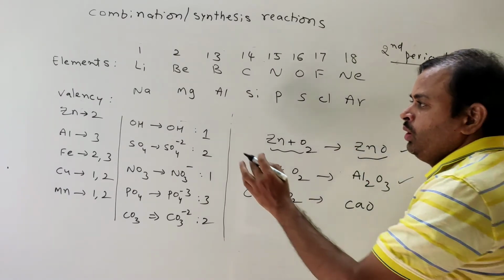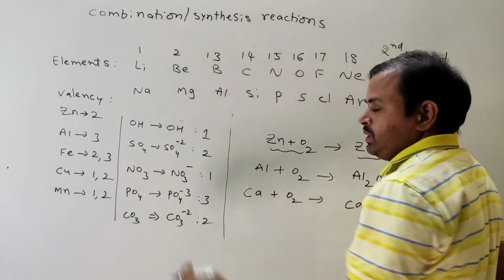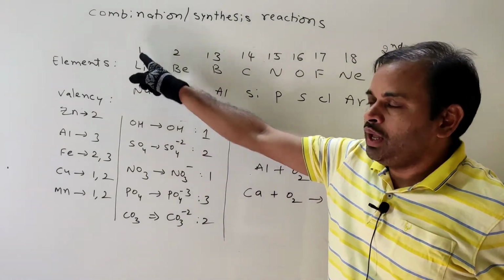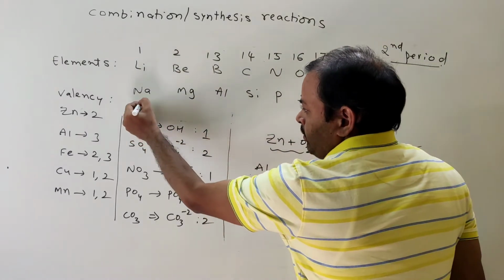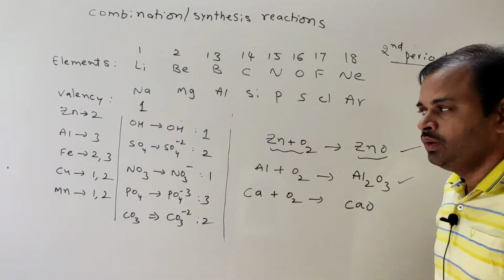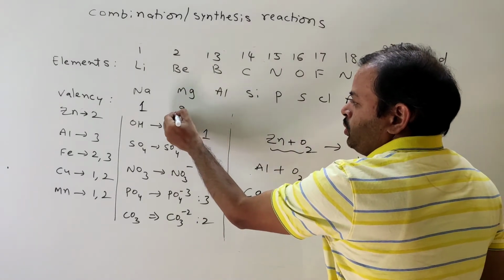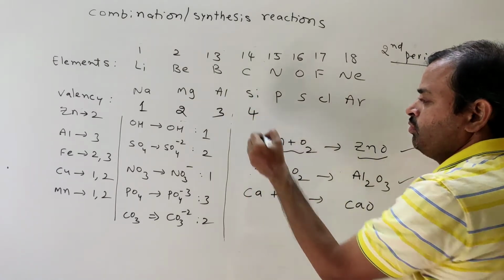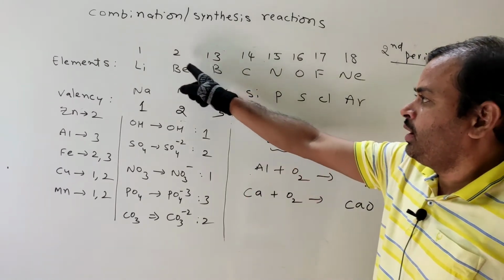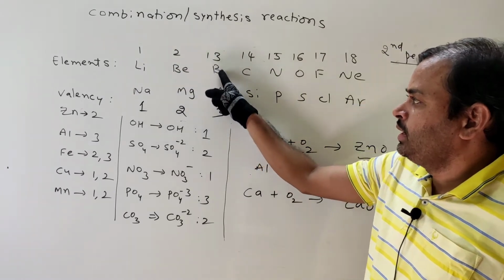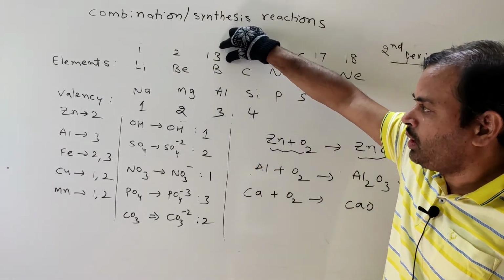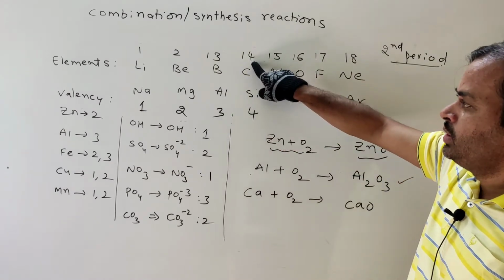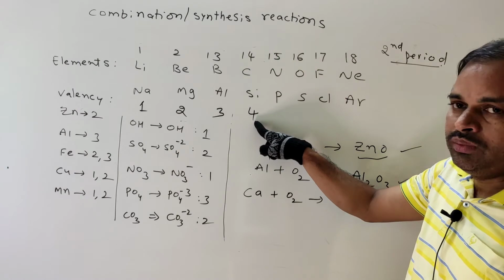The first group elements are lithium, sodium, potassium, rubidium, cesium, francium. All first group elements have valency 1. Second group 2, third group 3, fourth group 4. We can also call these first A group, second A, third A. The 13th group or third A group has valency 3, fourth A or group 14 has 4.